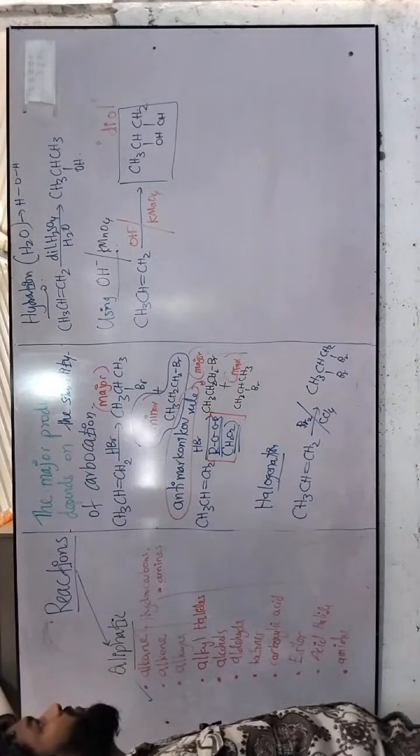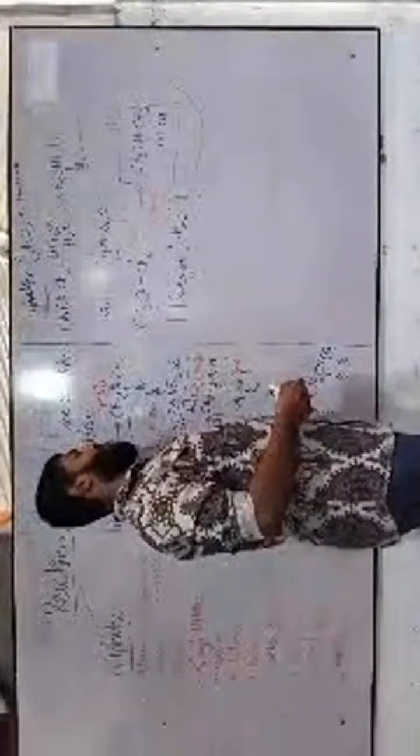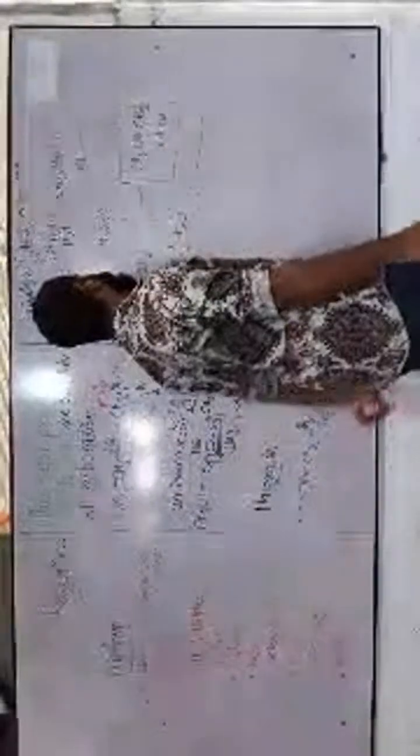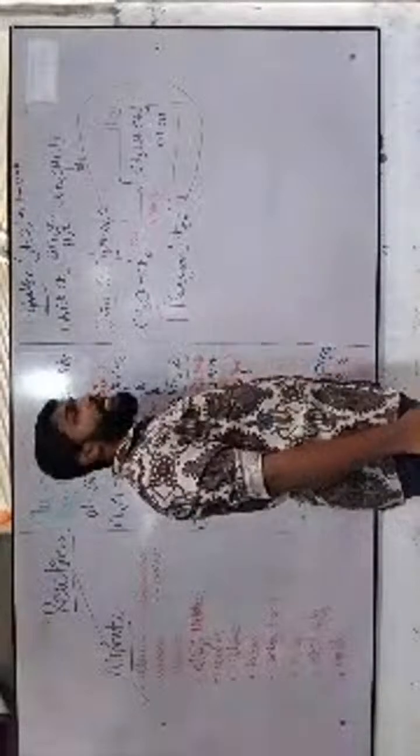Hope you guys understand. The other name for this reaction using this reagent is the Baeyer test. This is used to identify the potassium permanganate oxidation. You're putting OH on both carbons, so you're preparing diols. This is called the Baeyer test.